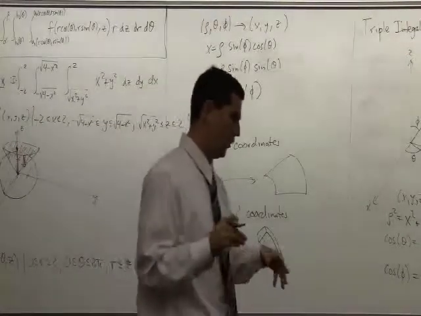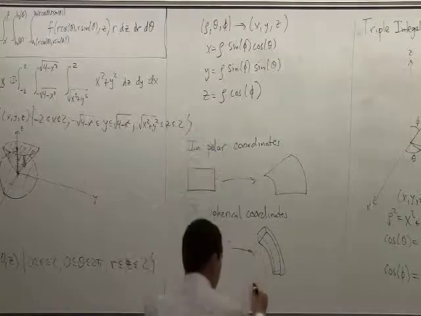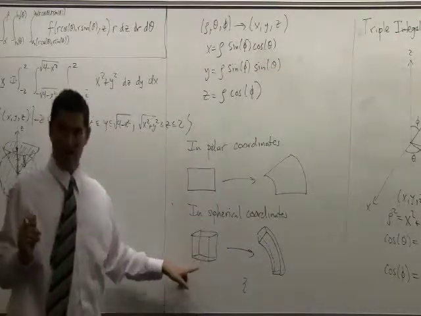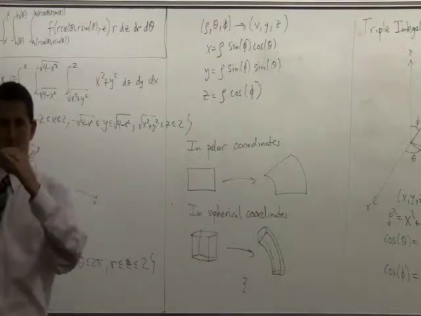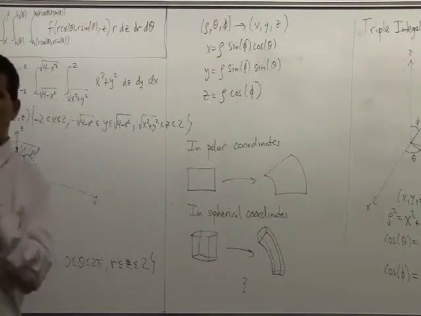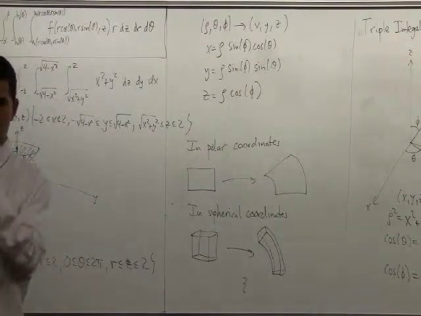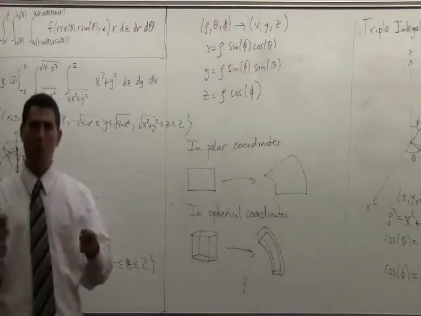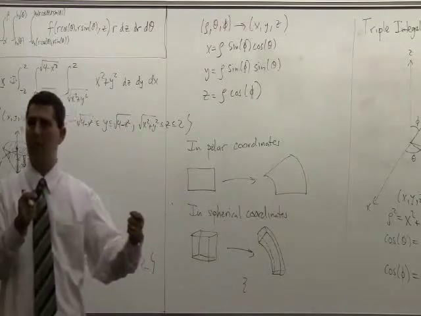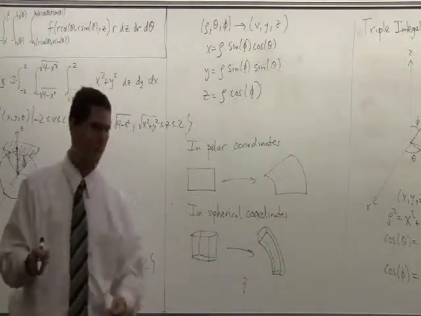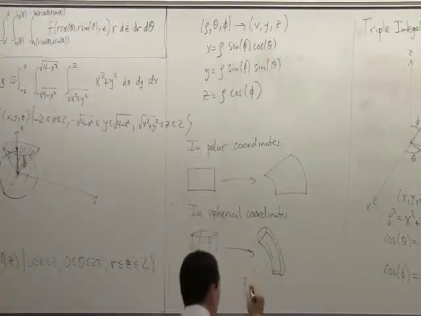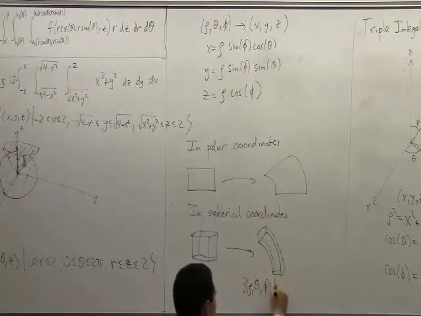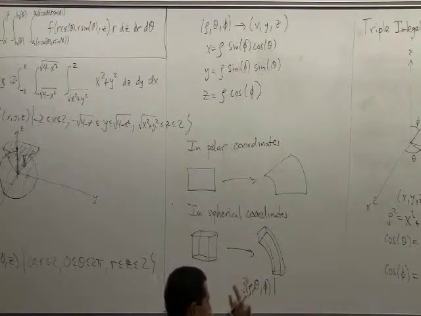And what this should be is actually, well, what did it mean that I had a rectangle here? It meant that I had 3 coordinates, x, y, and z, and they were all given as intervals. So x went between a and b, y went between c and d, and z went between e and f. Here, since things are going to be given in terms of rho, theta, and phi, I want all 3 of these to be given by numbers.